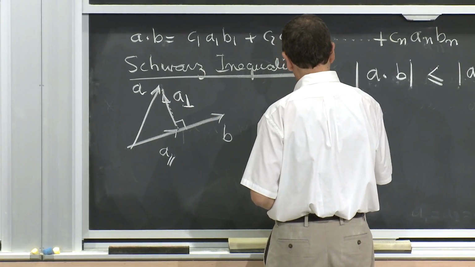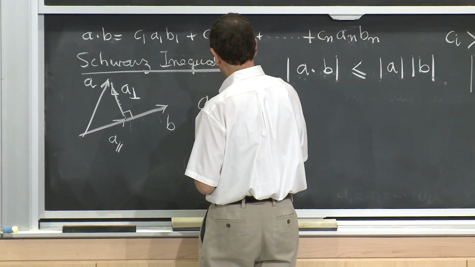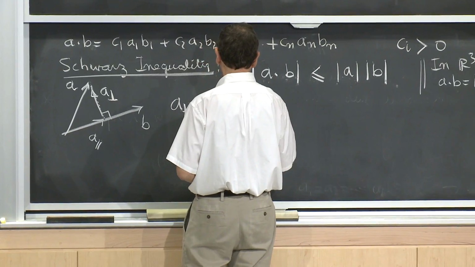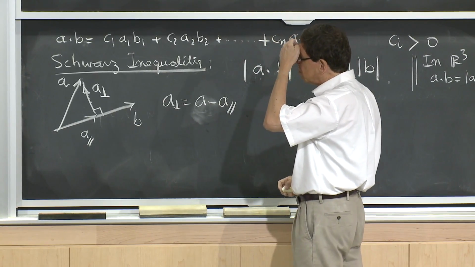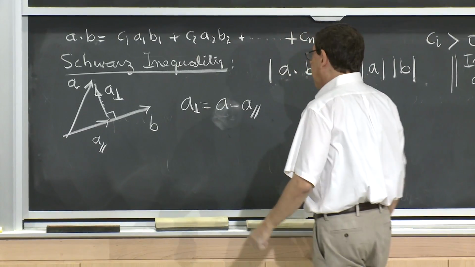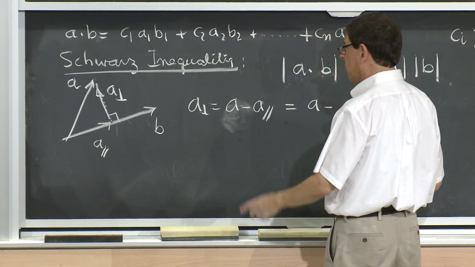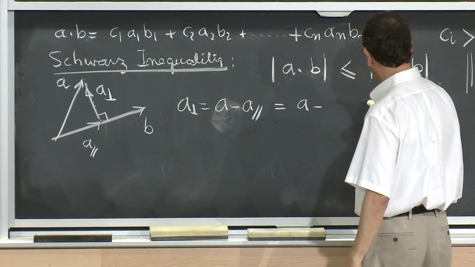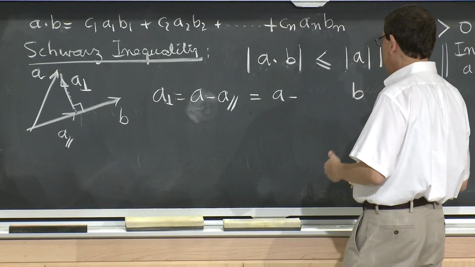So what is A perpendicular? A perp is A minus A parallel. A minus A parallel is this vector. And what is A parallel? Well, A parallel is a vector along B, and what is its magnitude?